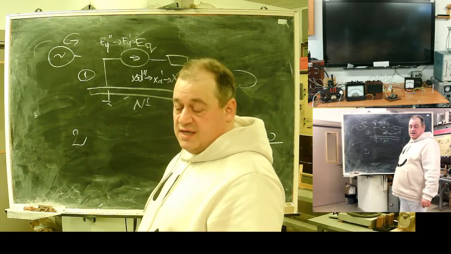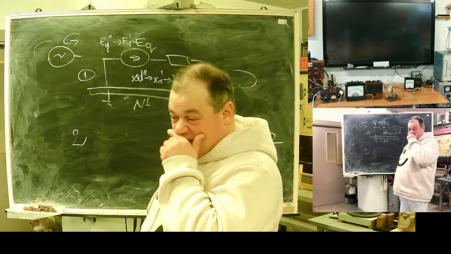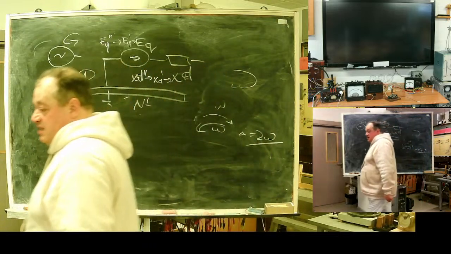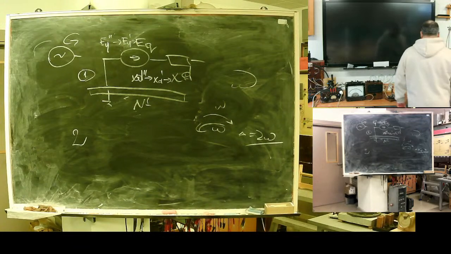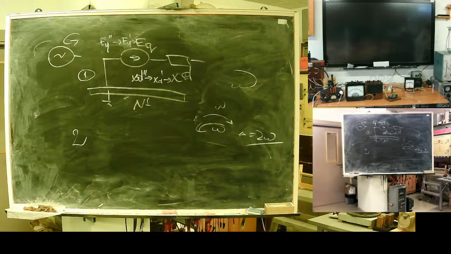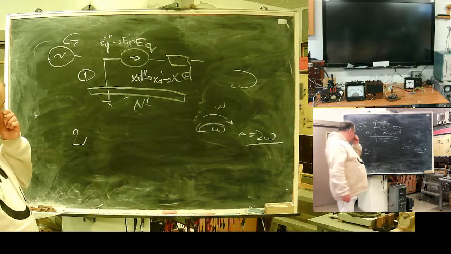A turbo generator, steam generator, should be immediately disconnected from the network if negative sequence is above 10% of direct. Put this number.